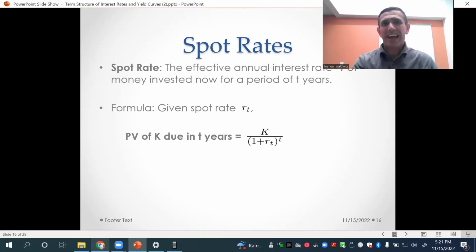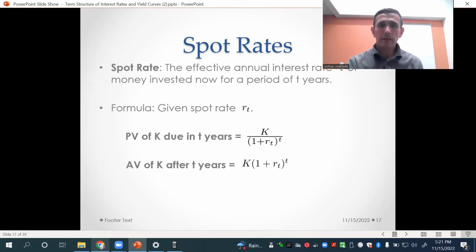The present value of K due in T years, given a spot rate R_T, is K over (1 plus R_T) to the T. If we invest this value for T years at an annual rate of R_T, the growth is 1 plus R_T per year, compounded for T years, and we get back K. Also, the accumulated value after T years is the amount times (1 plus R_T) to the T.